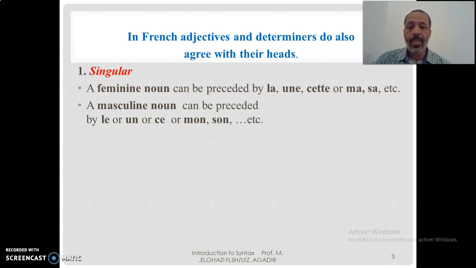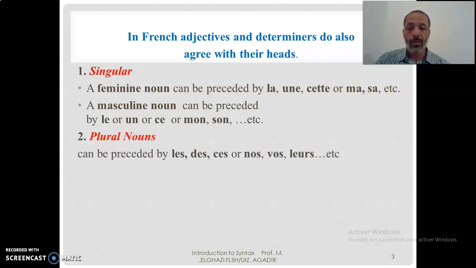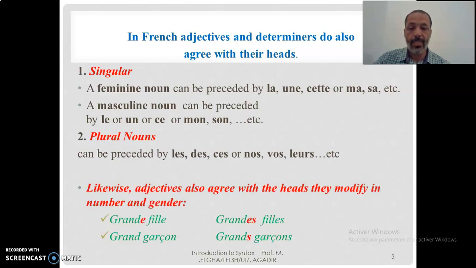A masculine noun can be preceded by le, or un, or ce, or mon, or son, etc. The plural forms can be preceded by les, des, ces, nos, vos, leur, and so on, which means that what we call articles or determiners in English, which are neuter and don't agree with their heads, in French, on the contrary, agree with the head they modify.